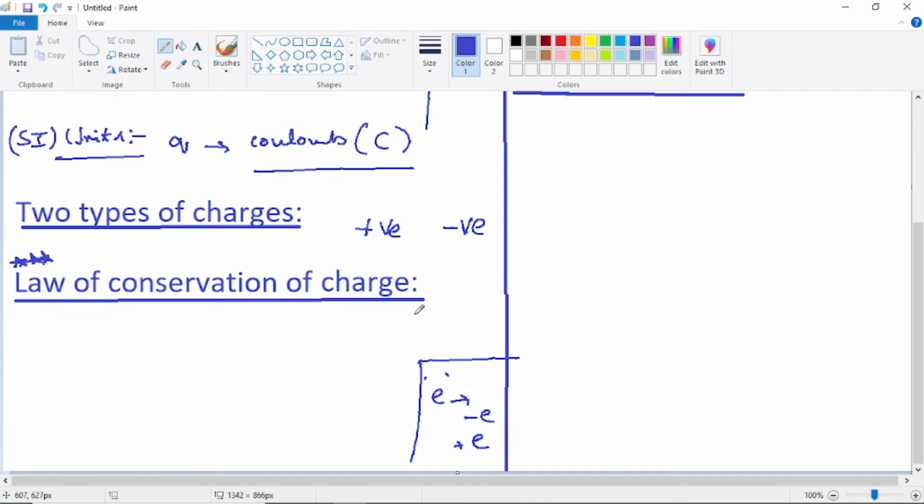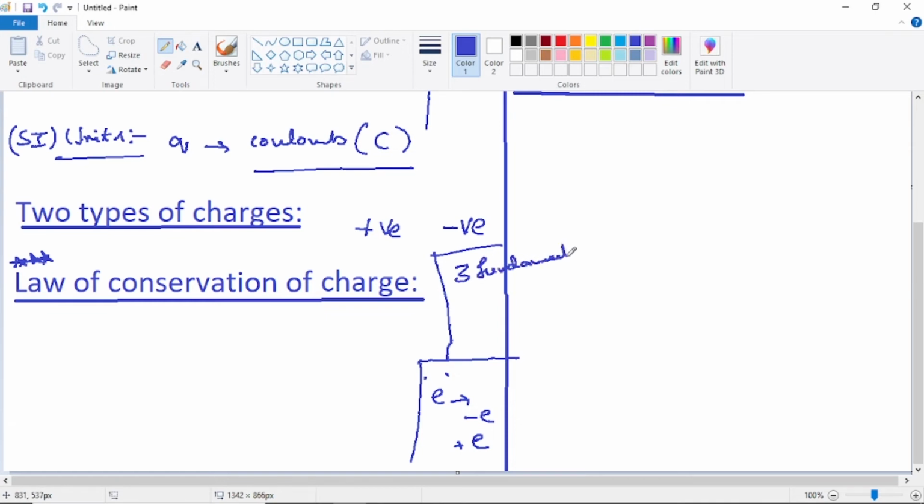Second is the conservation laws: conservation of mass, energy, and charge. So this belongs to the second set of fundamental laws. And the third fundamental law is a single law, Einstein's principle of mass energy equivalence. So these are the three very powerful fundamental laws of nature.